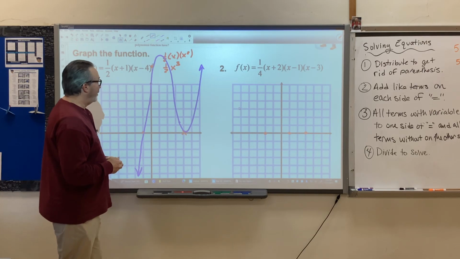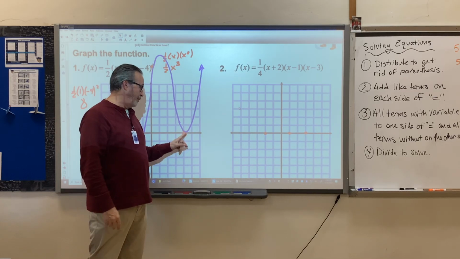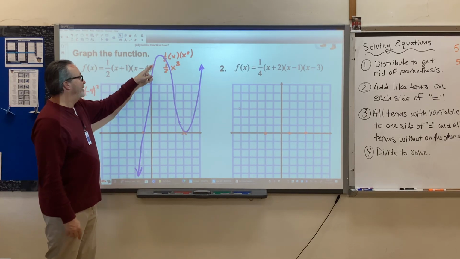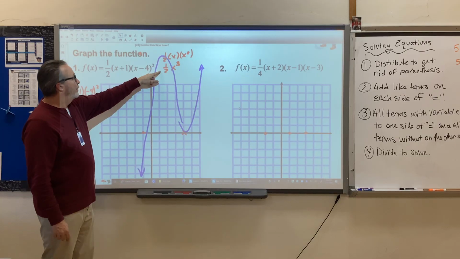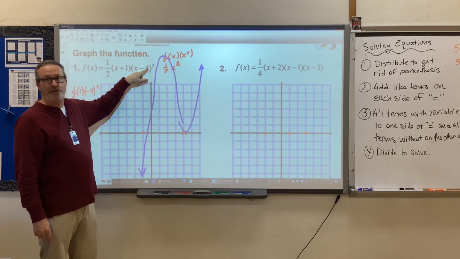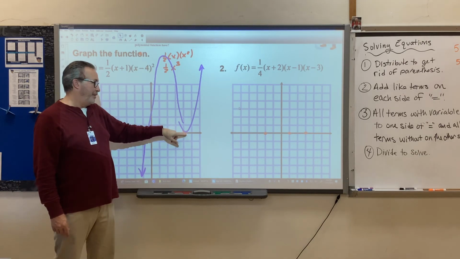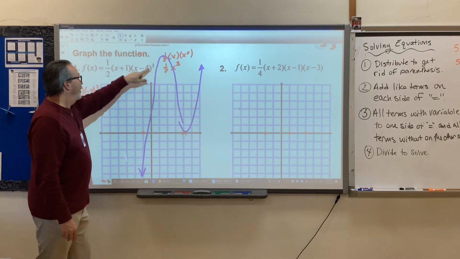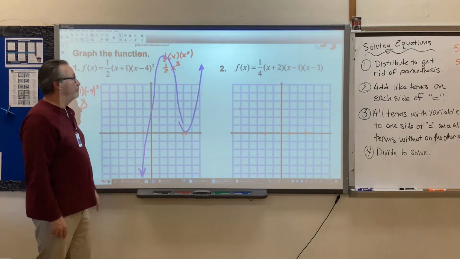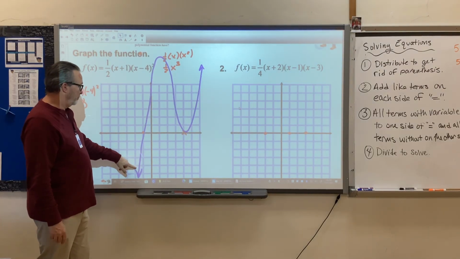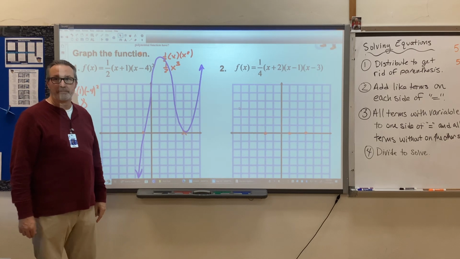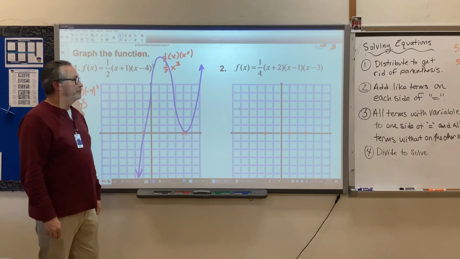Well, you can tell if it doesn't go through or it does go through based on the power on the factor. If the power is 2, then it doesn't go through. If the power is 1, it goes through. Through, and through. All 3.